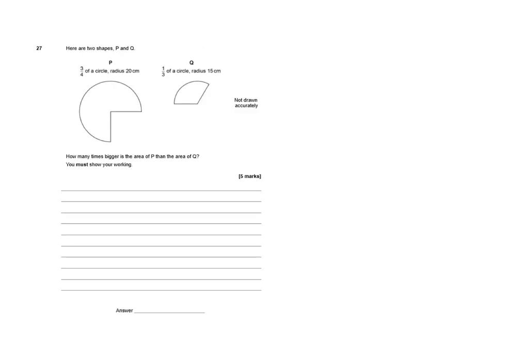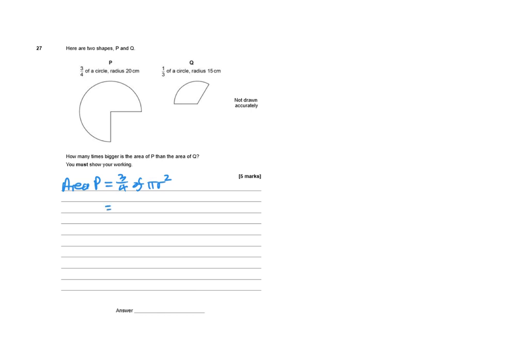Right, so area of these two shapes. They're based on circles, but fractions of a circle. So area P is 3/4 of its pi r squared.